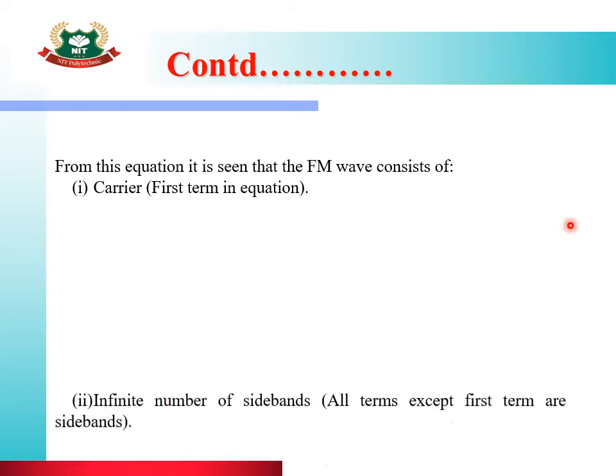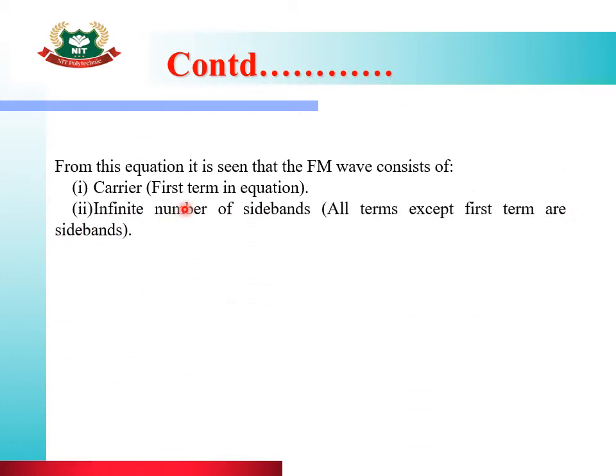For FM there are infinite sidebands, and all terms except the first term are sidebands. The first term, A into J0 (mf) sin omega_c t, is nothing but the equation for the carrier signal, and from J1 up to Jn all the terms are the infinite number of sidebands.